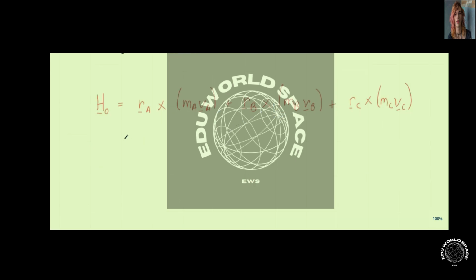So again, if we use the method of cofactors and we solve for the angular momentum about the origin, HO, we get minus 4.8 kg meter squared per second along the J direction plus 9.6 kg meter squared per second multiplied by the basis vector k.